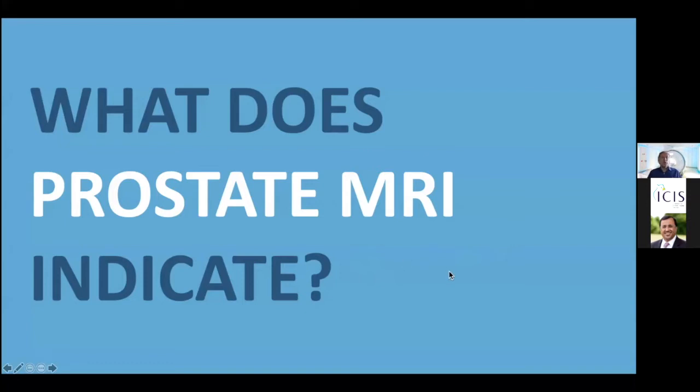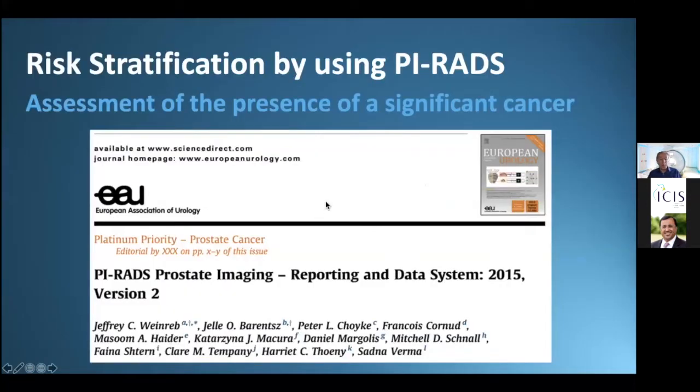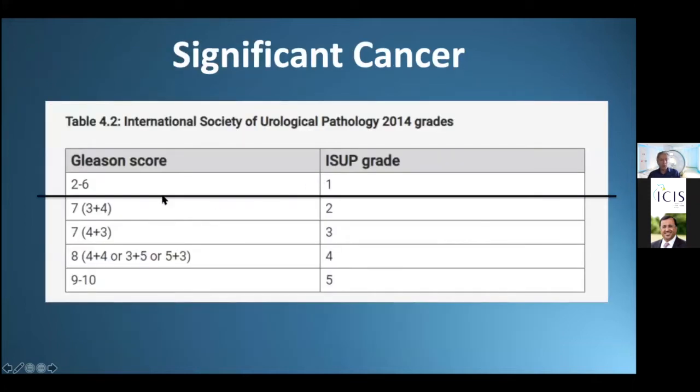What is the indication for prostate MRI? Prostate MRI is actually a risk stratification by using a standardized method. This is PIRADS. And PIRADS describes the assessment of the presence of a significant cancer. What is a significant cancer?